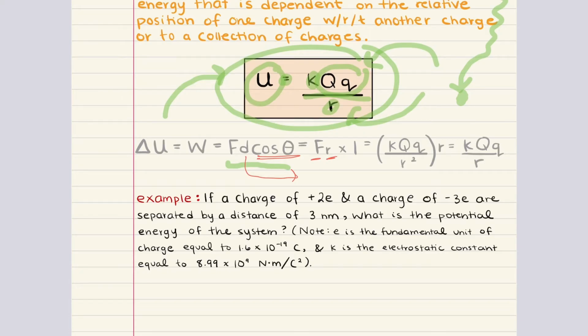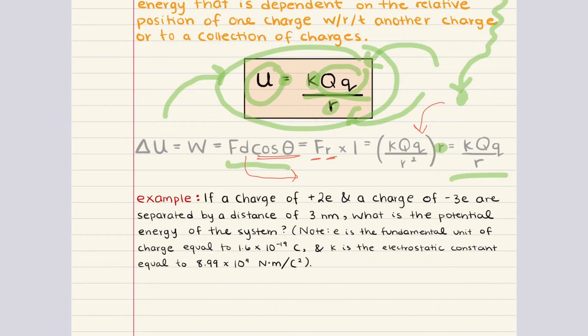And from there, we can replace force with our equation for Coulomb's law. So we have our equation from Coulomb's law multiplied by r, and that gives rise to our equation for electric potential energy.